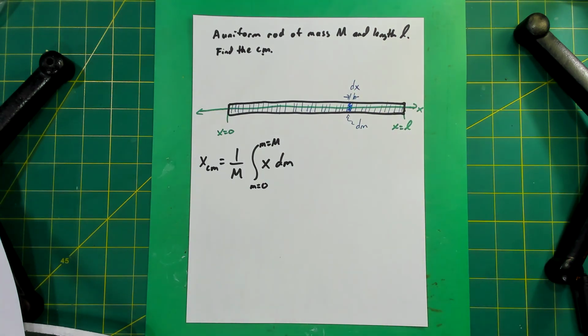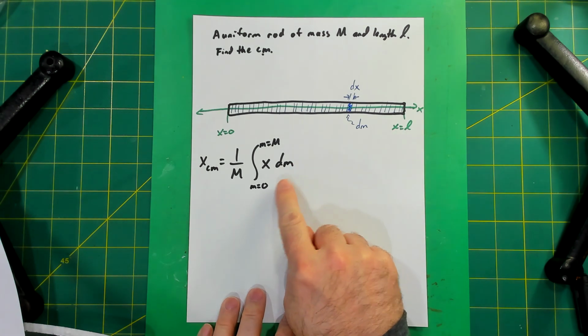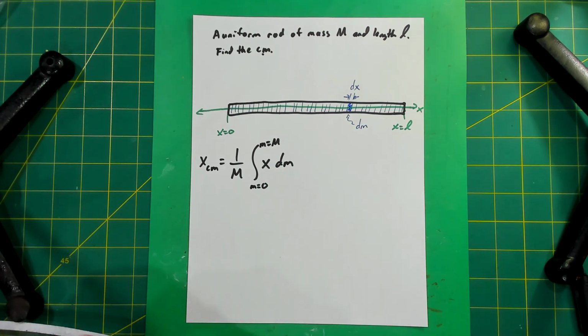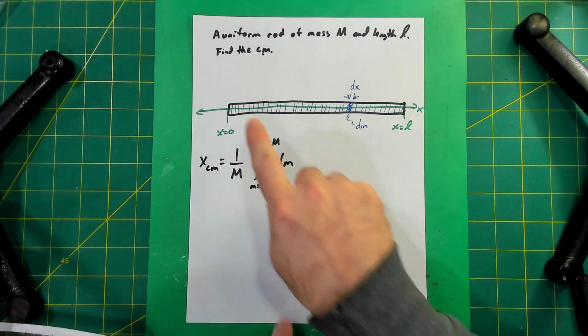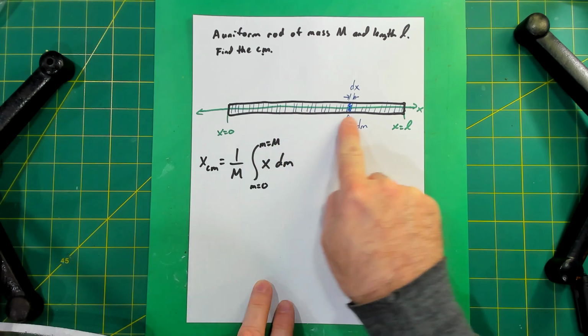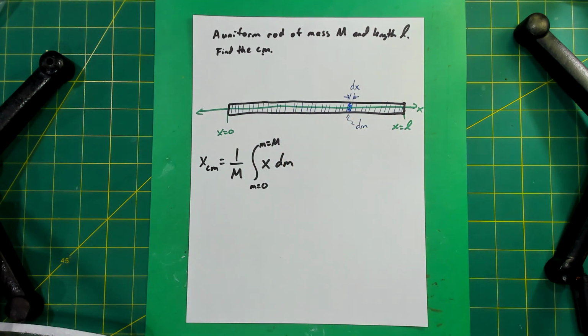All right. So what we're going to do is say, hey, this is the integral we want to take. The problem is that I've got two variables, right? I've got this m and this x. As I go from little bit to little bit, the x is changing. As I go from little dm to dm, the m is changing. That's two variables.